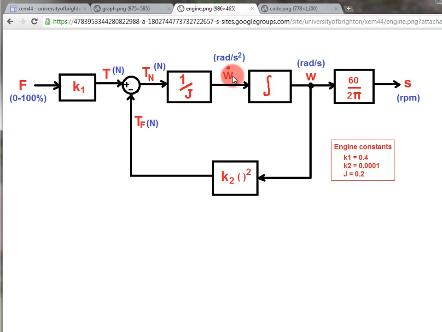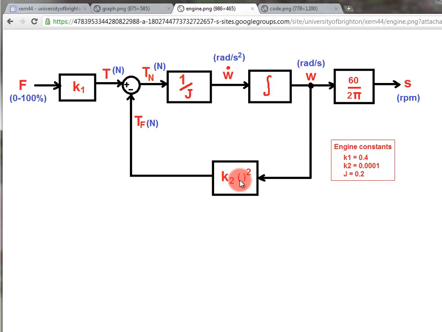To actually calculate the acceleration, you need to divide the net torque, that's Tn, by the inertia. Similar to F equals ma, but this is torque equals J omega dot. So the acceleration is equal to the net torque divided by J.